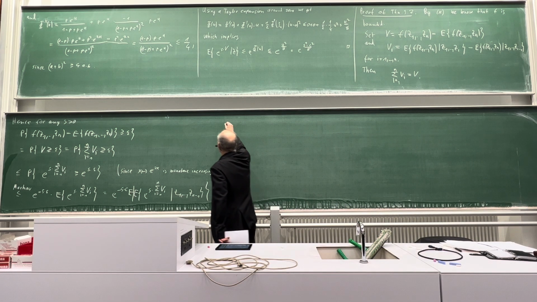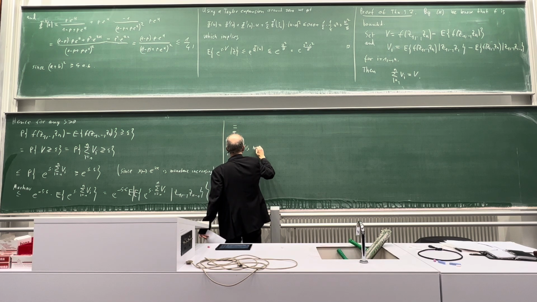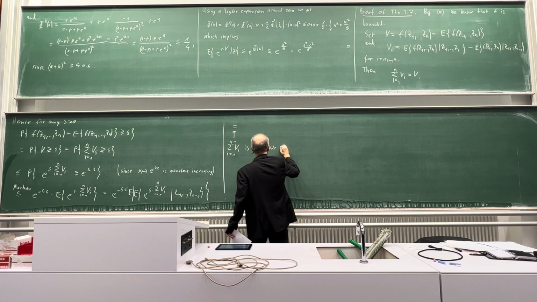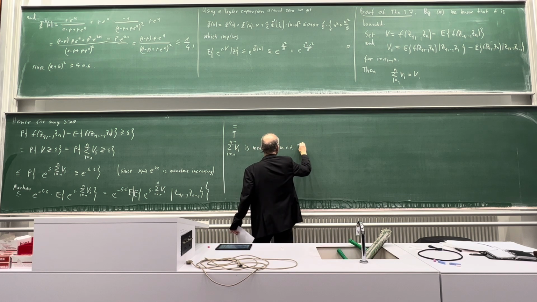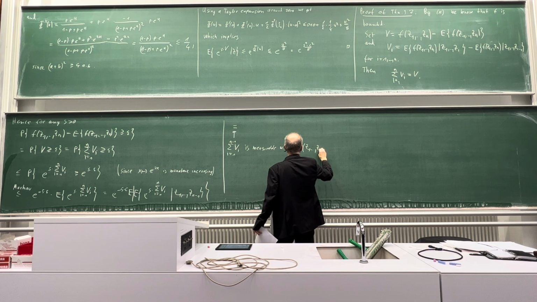So I can use the rules for conditional expectation. We use that for i equal 1 to n minus 1, Vi is measurable with respect to the sigma algebra generated by Z1 to Zn minus 1.